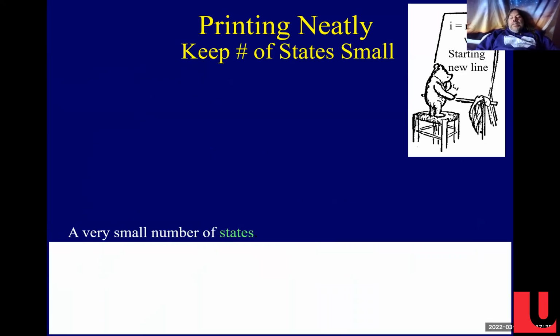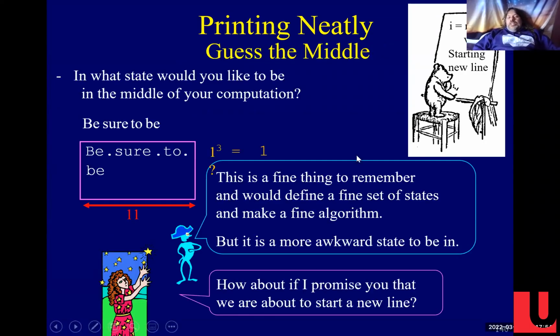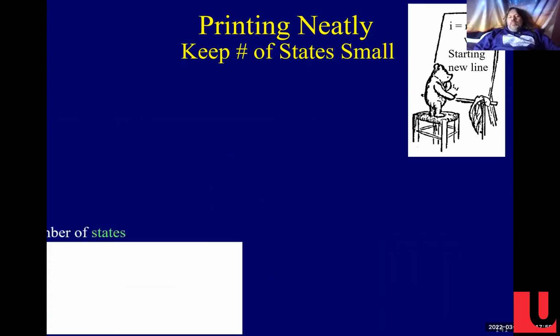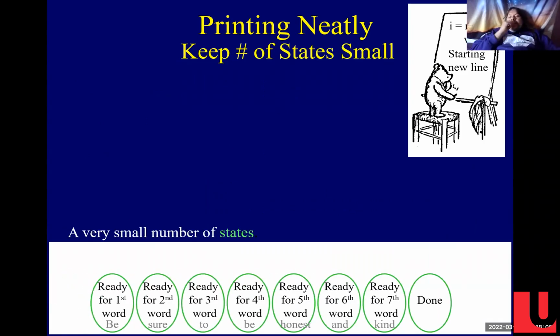So now, if all we're remembering is the next word to read, and suppose the fairy godmother here promises us that we're ready to start a new line, right? Then what do we need?